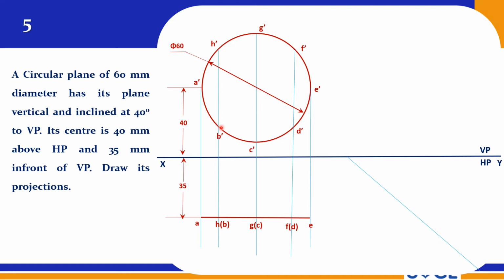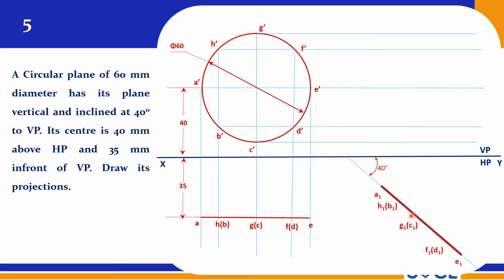So these are the points. On the circumference you mark points and then proceed. Now the surface is inclined at 40 degrees to VP. So at 40 degrees you draw a line, and now this 35 mm, so that should be done, right? So from here to here, it is 35 mm.